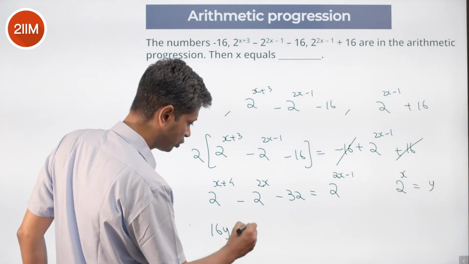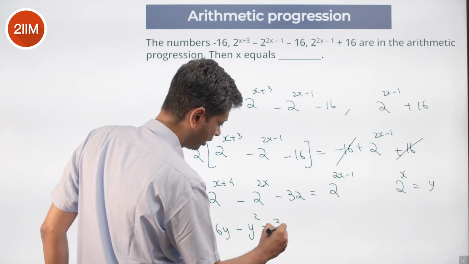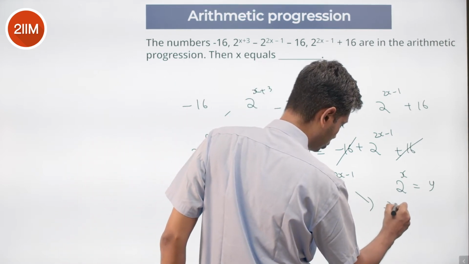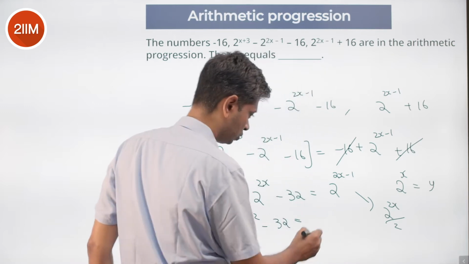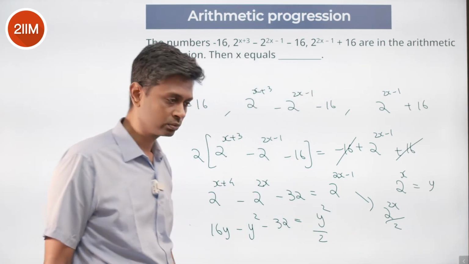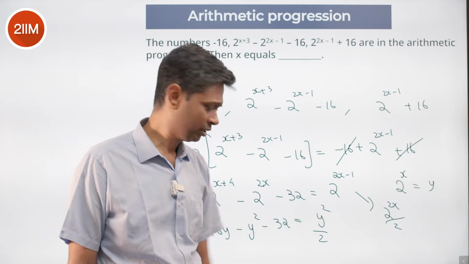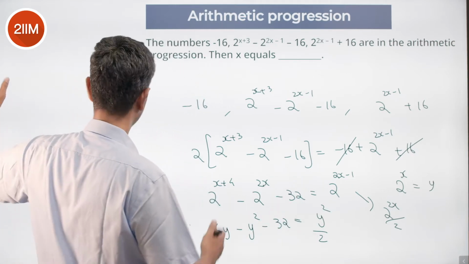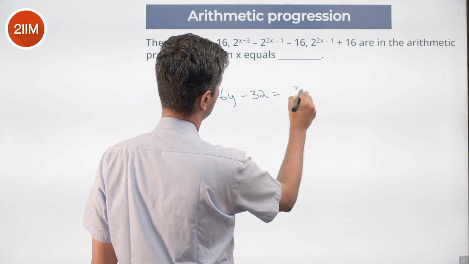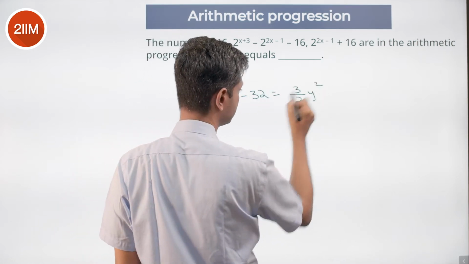16y minus y square minus 32. This number is 2 power 2x by 2, which is equal to y square by 2. Bring the minus y square this side. 16y minus 32 equal to 3 by 2 y square.